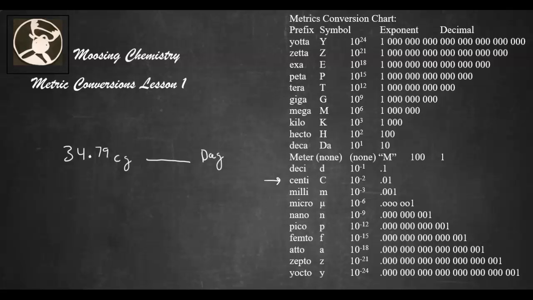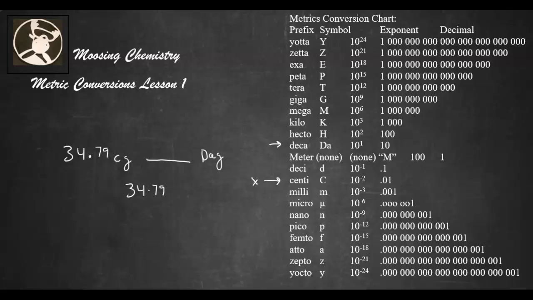First thing I do is write down the number, 34.79. And remember, we're going from here to here, right? Does it have a decimal? Yes, it does. So since it has a decimal, there's no need to write the decimal again. Next, which one has the number? Why, the centigram does. So we put the X there.